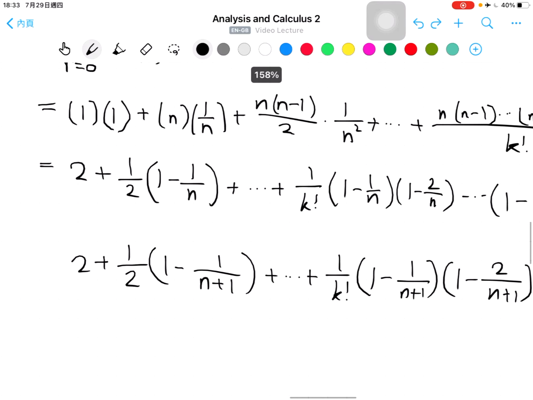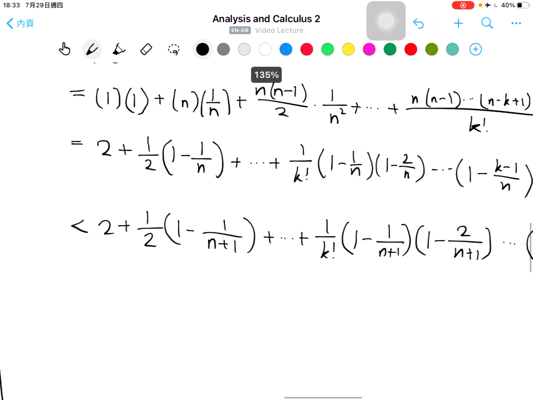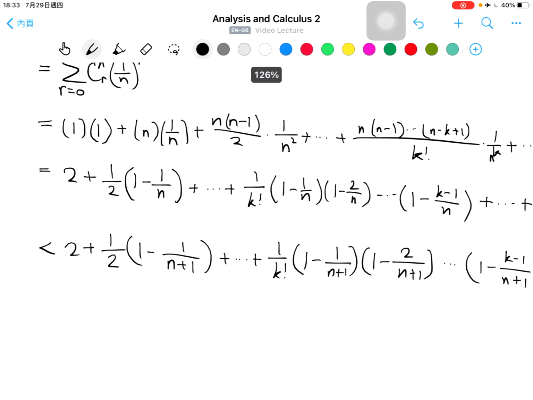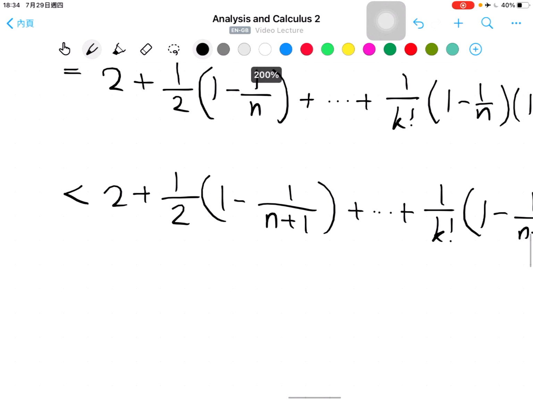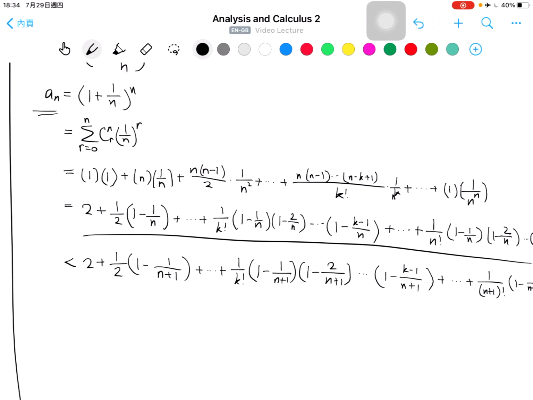So for every single time I do this operation, I'm changing every denominator. I'm increasing every single denominator so that I'm subtracting less from 1 in every single factor. That means I'm increasing the overall value. But look, an is equal to this thing.